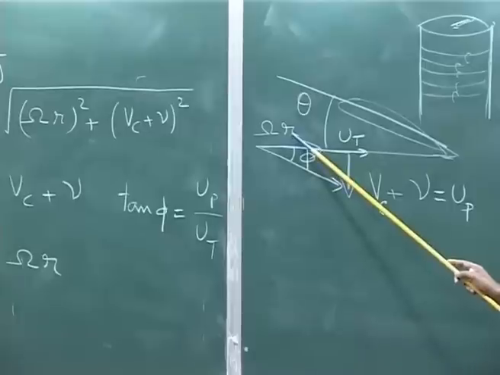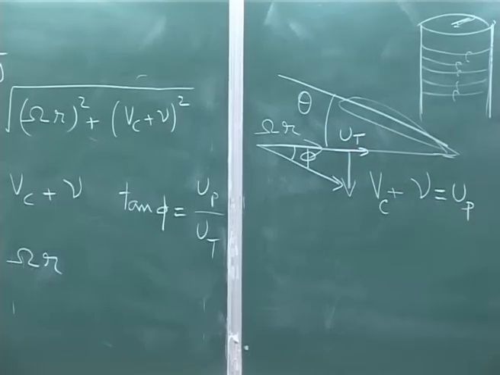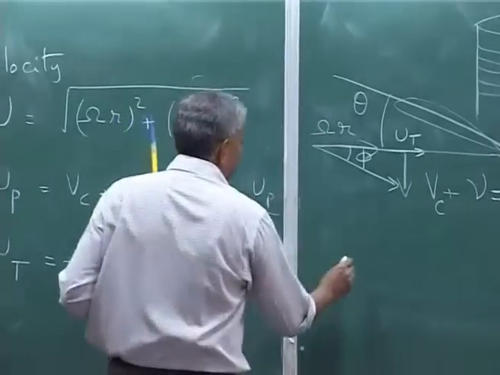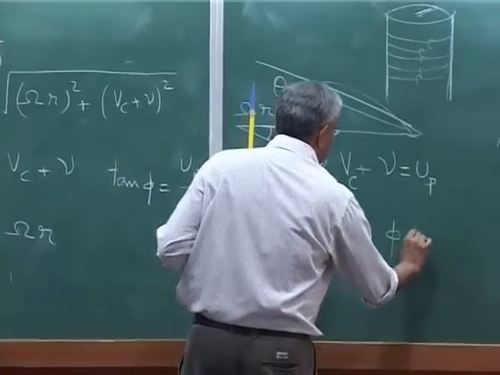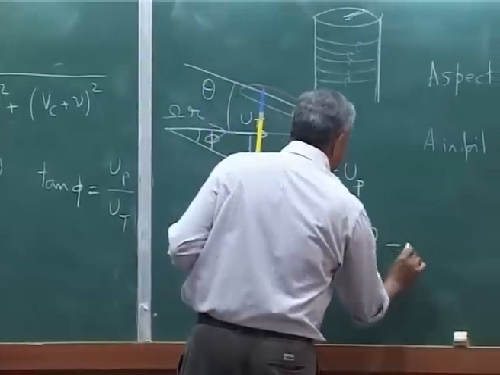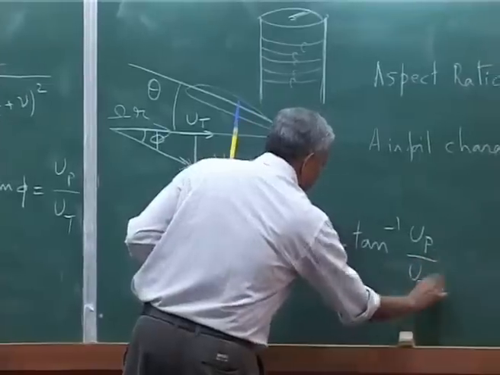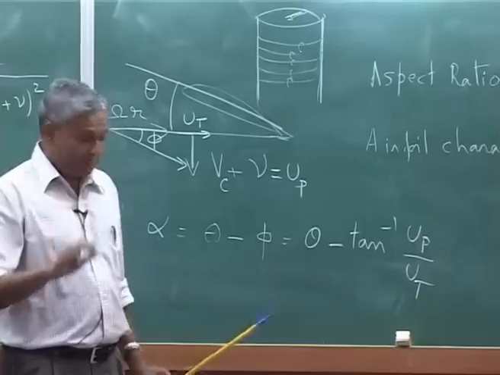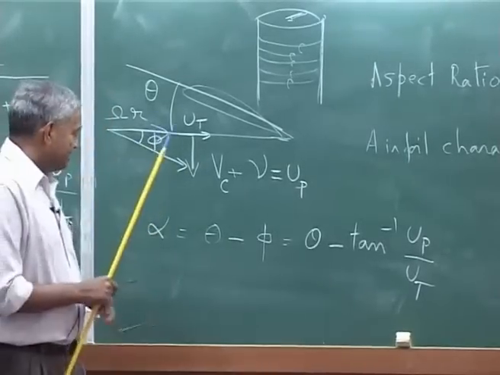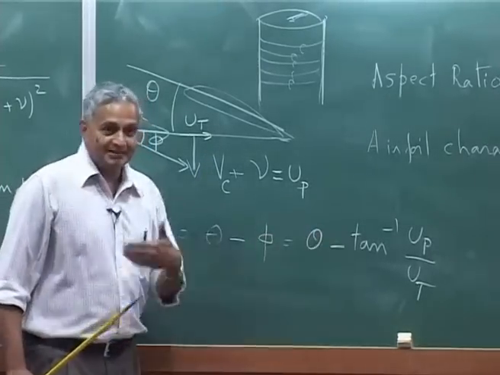So every cross section, because the tangential velocity is changing, automatically my effective angle of attack, which I call alpha, alpha is theta minus phi, which you may call theta minus tan inverse up over ut. And then I am going to make an approximation straight away right here. So please understand, right at the definition of angle of attack you have tan coming in.